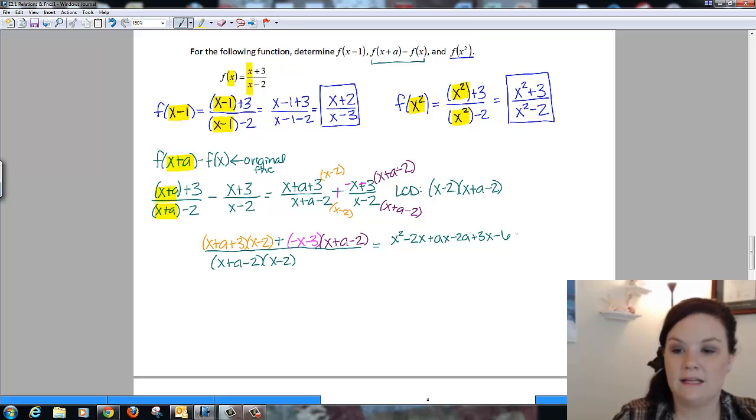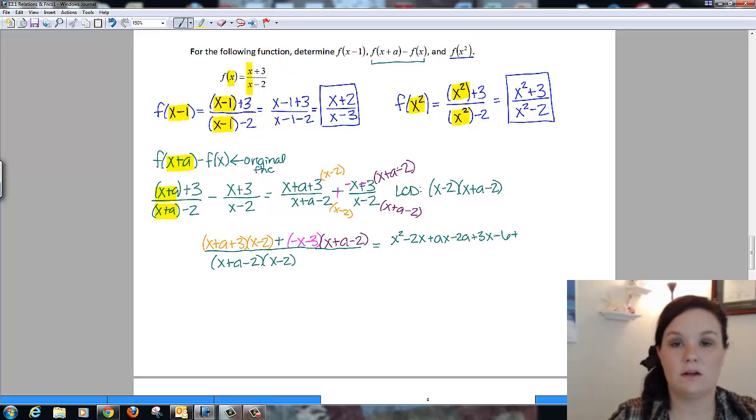And then when I'm adding to that, this second part that I need to distribute out. Negative x times x is negative x squared. Negative x times a is negative ax. Negative x times negative 2 is positive 2x. And then I'm going to distribute my 3.